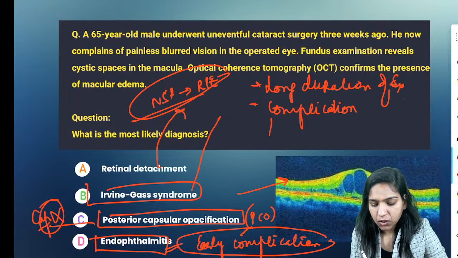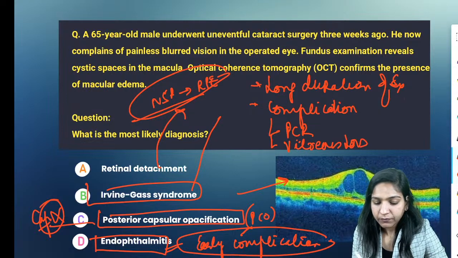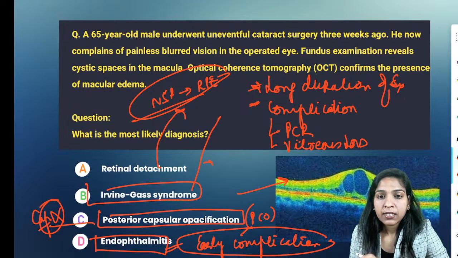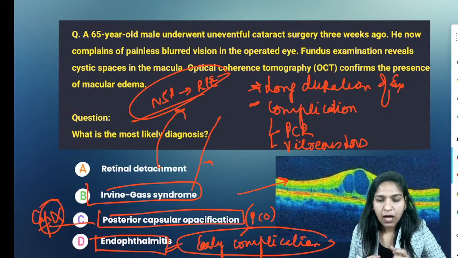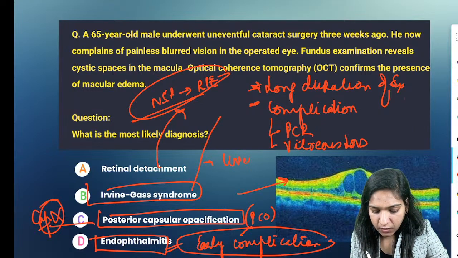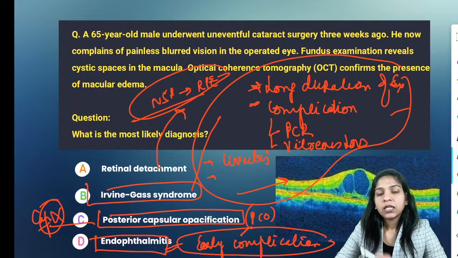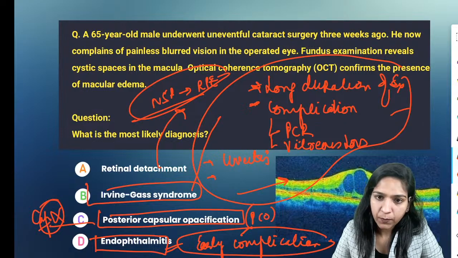Intra-op complications can be PCR or vitreous loss. Or there is an underlying secondary condition in the eye, which can be uveitis. All these conditions predispose the patient to have cystoid macular edema post-operatively.